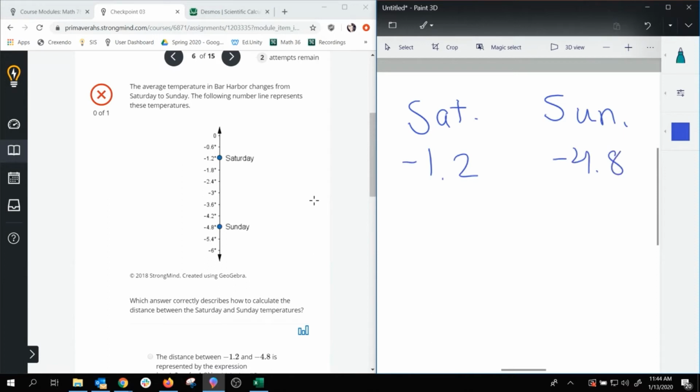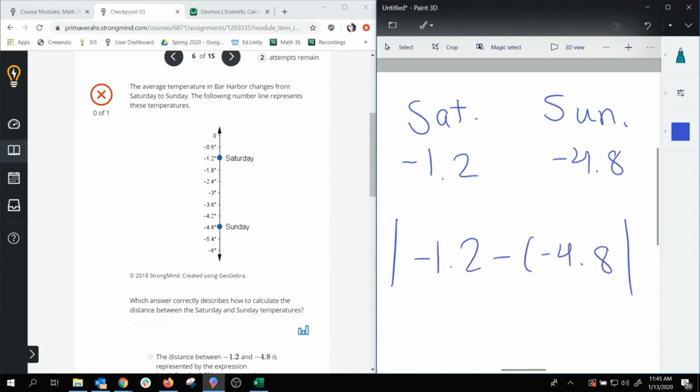Okay, so when I set up my subtraction, what would go inside my parentheses here? What would I want to do with my subtraction? If I'm trying to find the distance between these two numbers, what would that look like in here? Beautiful. Negative 1.2 minus negative 4.8.